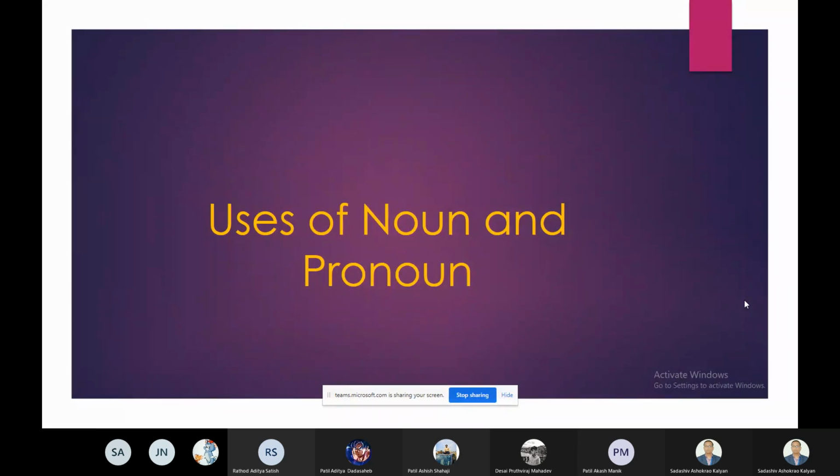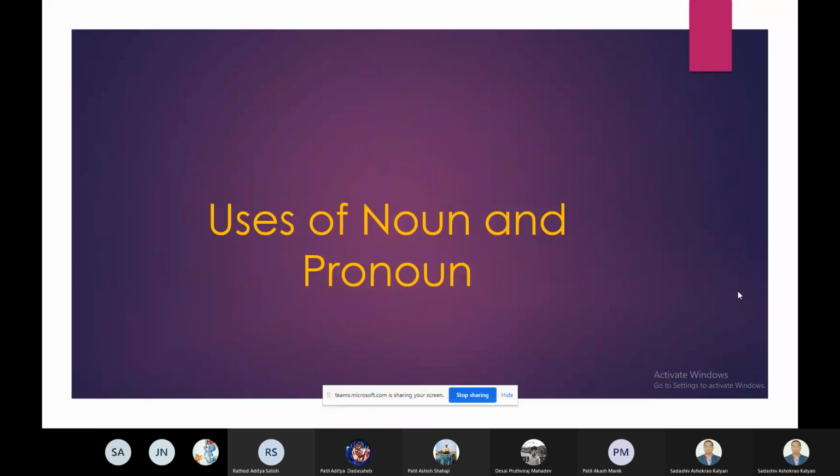That is called a noun. And a pronoun is a word which is used instead of a noun. These are the two simple definitions of noun and pronoun.